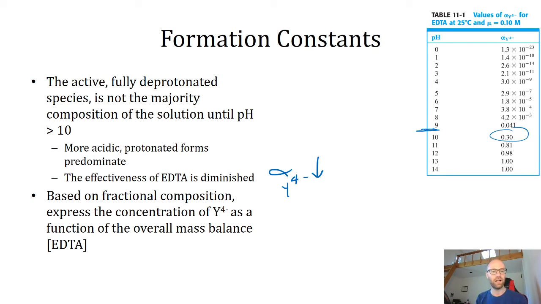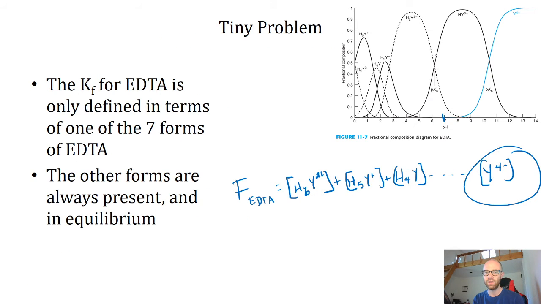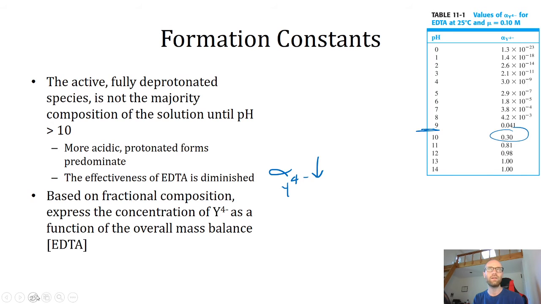If you are at more acidic pHs, as we saw in our graph, these other forms of EDTA dominate, and some people say they're worse at binding metals.